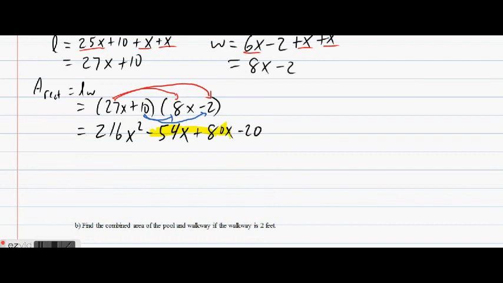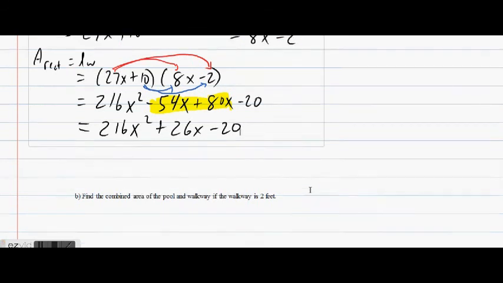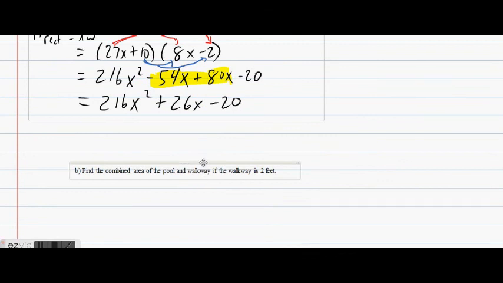Well, here's my like terms again. Negative 54 plus 80, so 216x squared plus 26x minus 20. So there's the area of the combined region, the pool and the walkway on both sides.